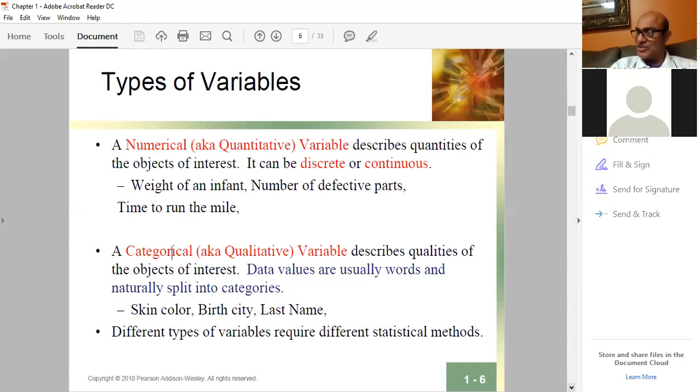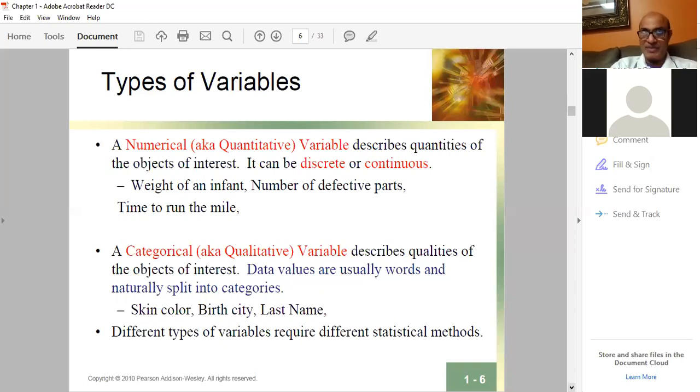Suppose you have 10 screwdrivers and one or two are not working. In that case, it is either 1 or 2, or you can say all are good, or 5 are defective. But you cannot say that 1.5 or 2.5 are defective. This type of data is called discrete data.